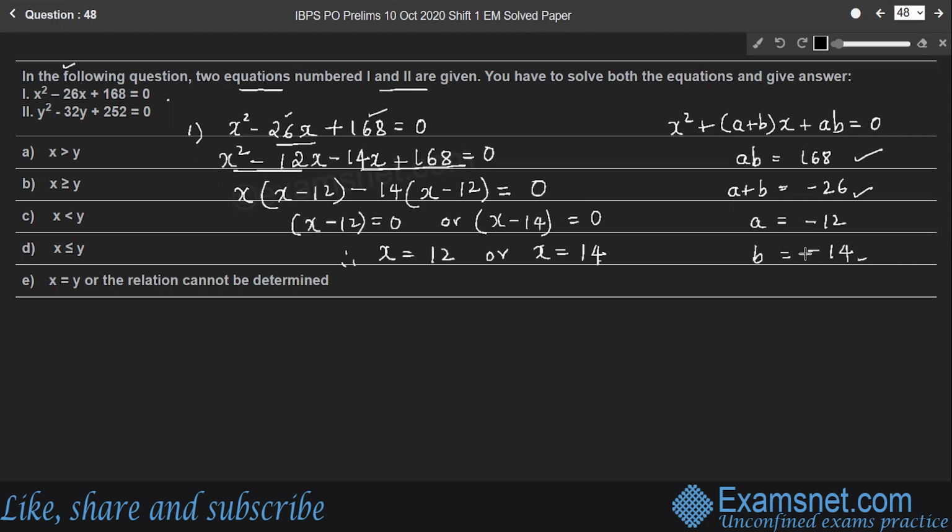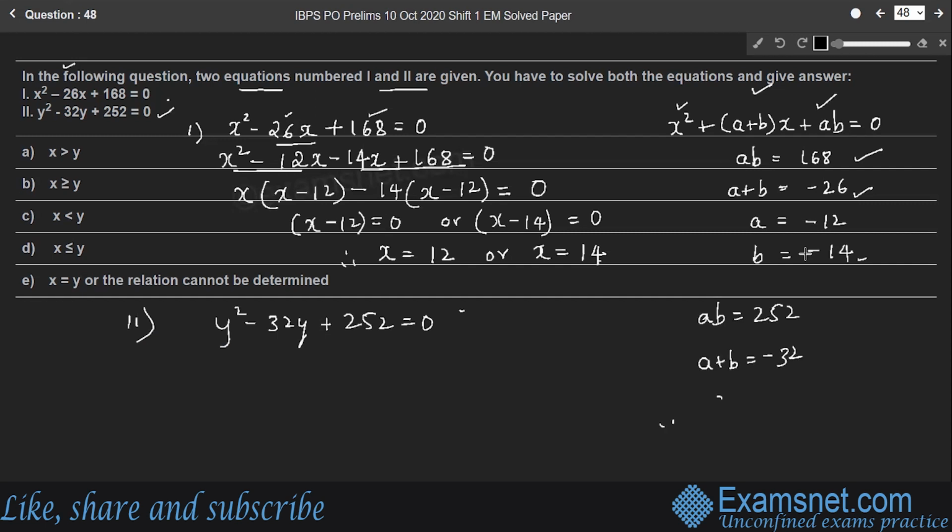Now solve equation number 2. Second equation, y square minus 32y plus 252 is equal to 0. Again, this equation is in the form of, instead of x square, so it is y square plus a plus b into y plus ab is equal to 0. Here ab is 252 and a plus b is minus 32.